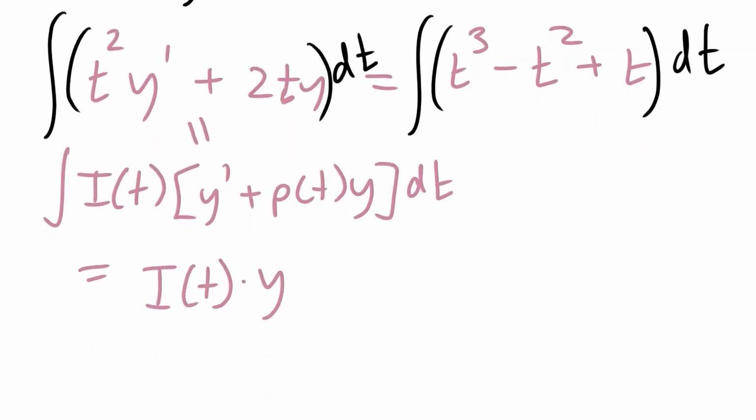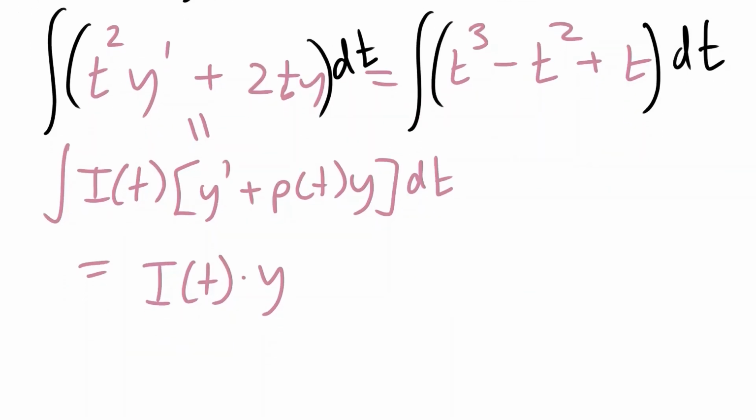Because we know this, we can easily see that the left-hand side will equal the integrating factor times y, and our integrating factor is t squared, and y is just y. Now that we've solved the left-hand side, we should solve the right-hand side, which is much easier because it's just basic integration.